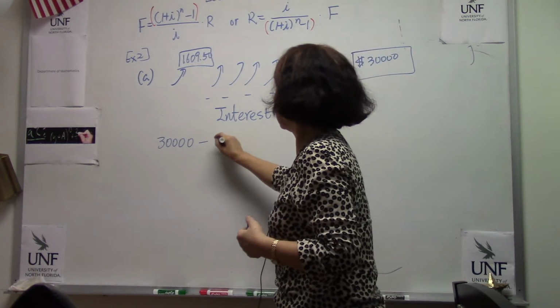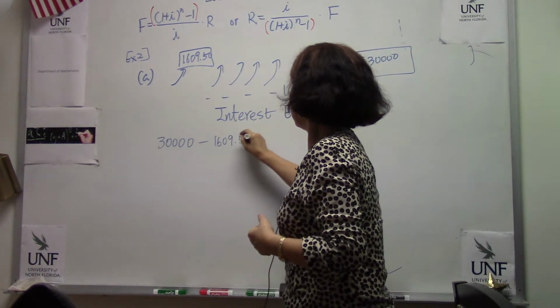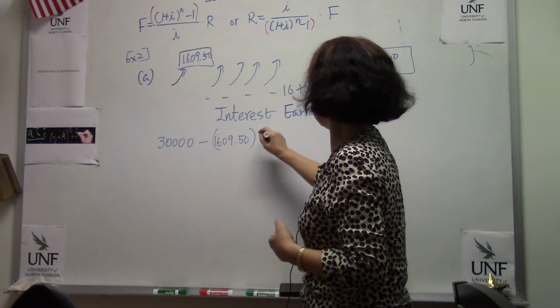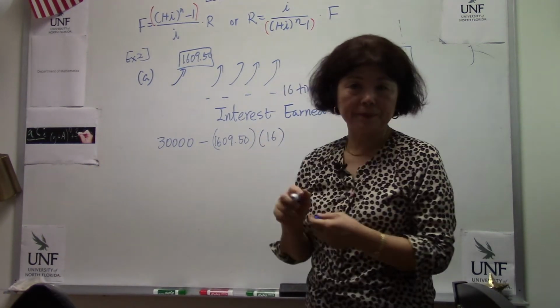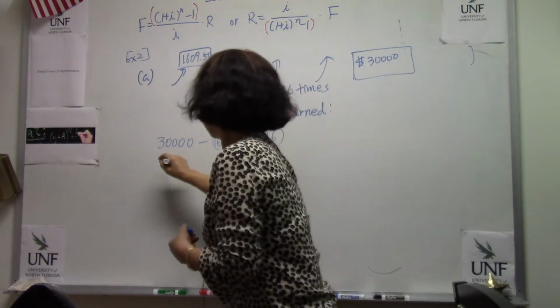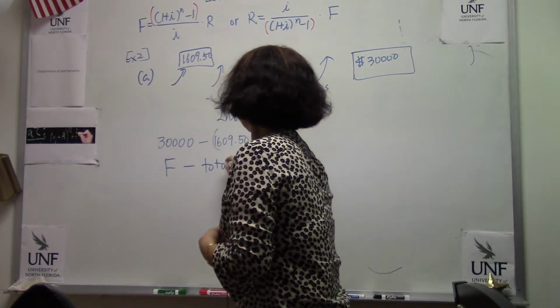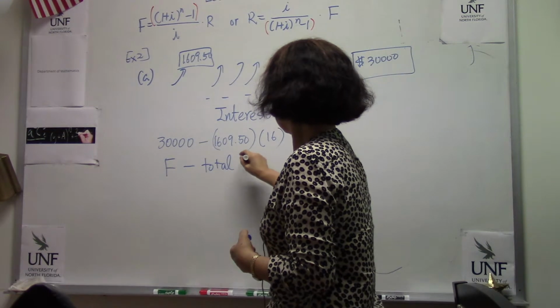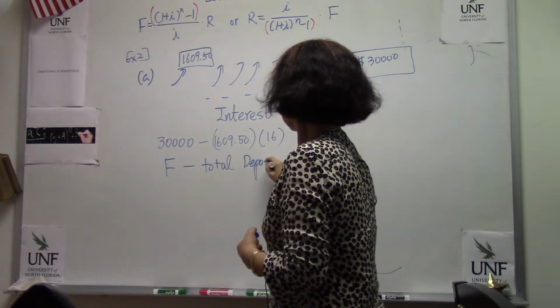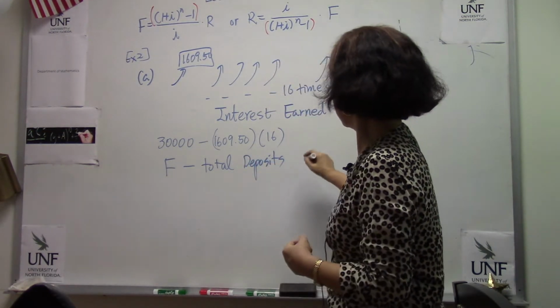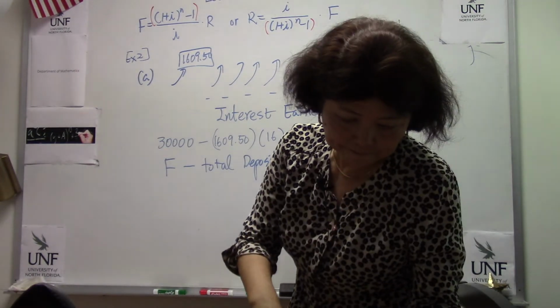So that is 1609.50 times, how many times did he deposit? 16 times. Yes. So in other words, this future value F minus the total deposit. So how much is that?